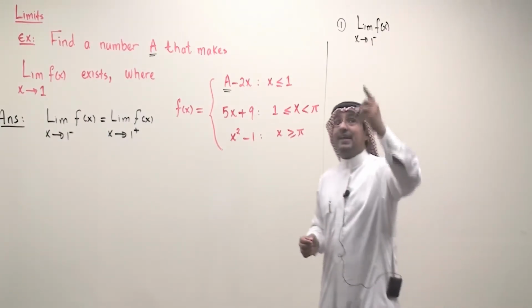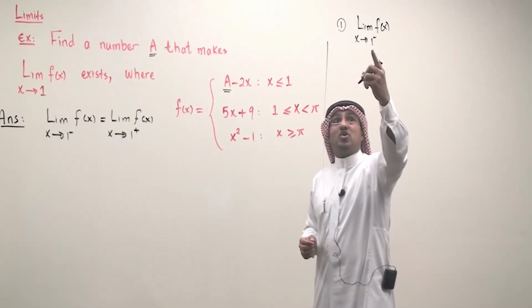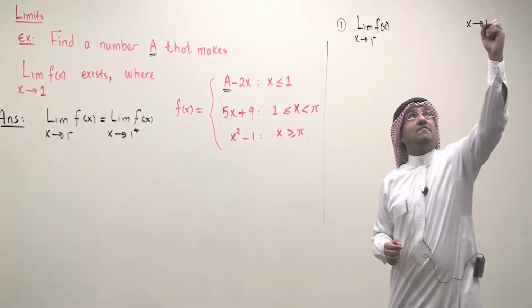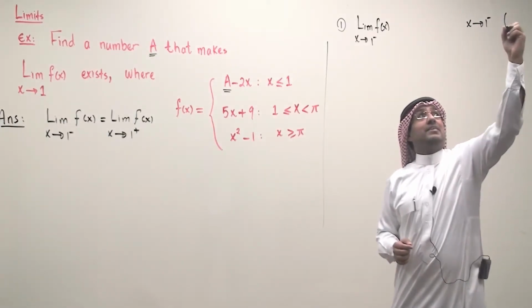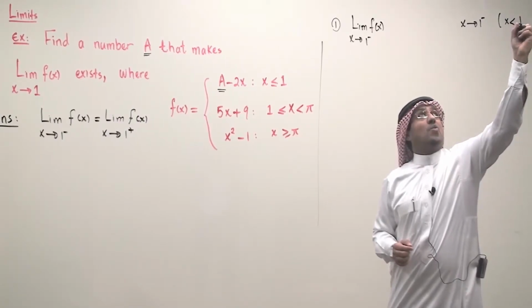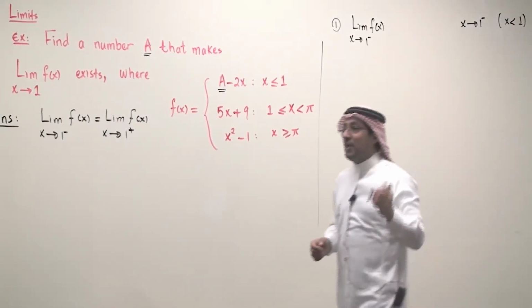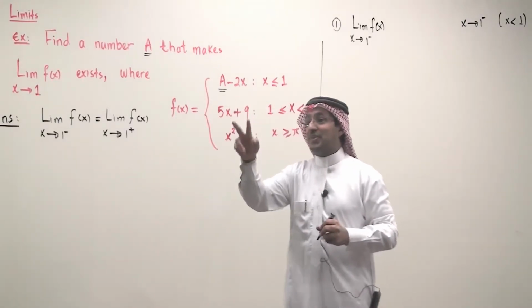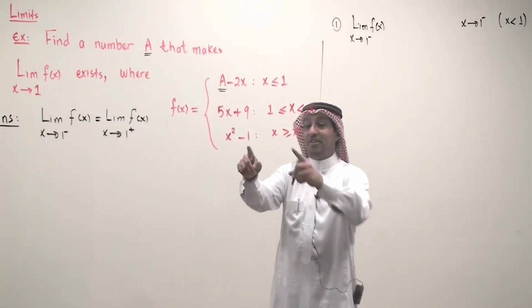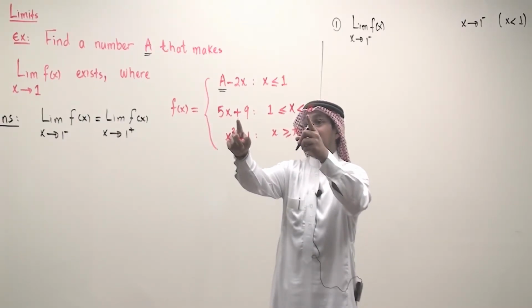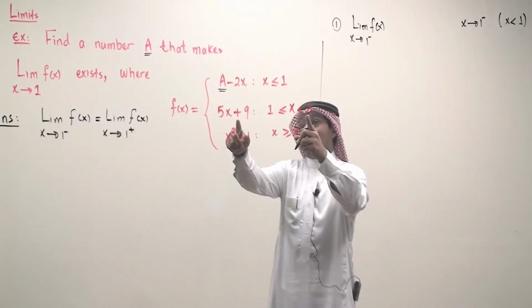When I take this limit as x goes to 1 from the left, it means that the x values are less than 1. So which part of the function should I use? The first or the second or the third? The values of x are greater than 1 here, and here too they are greater than 1.